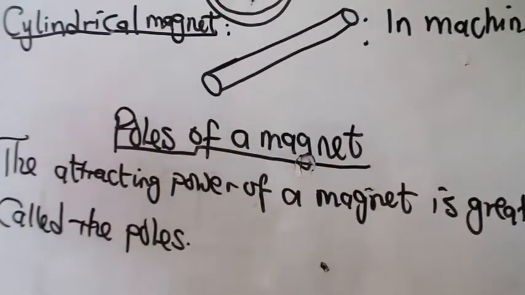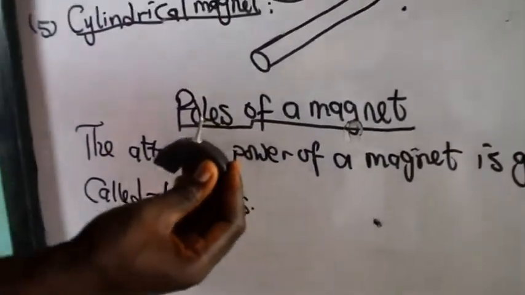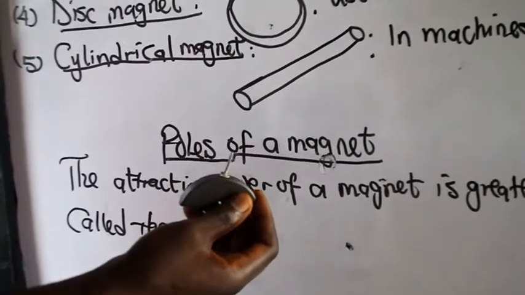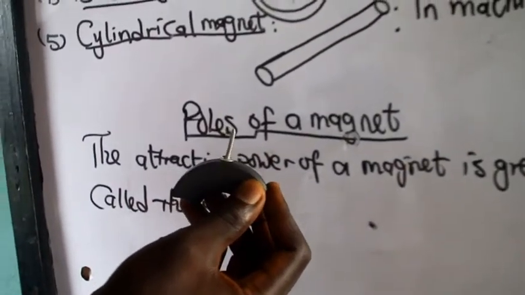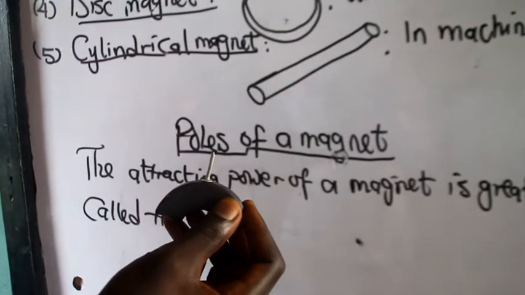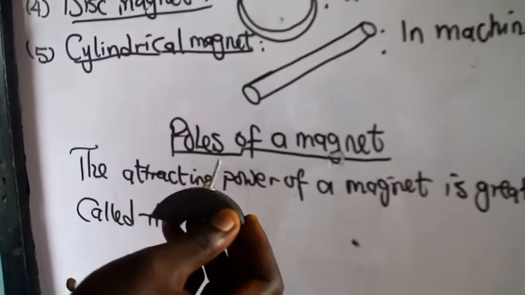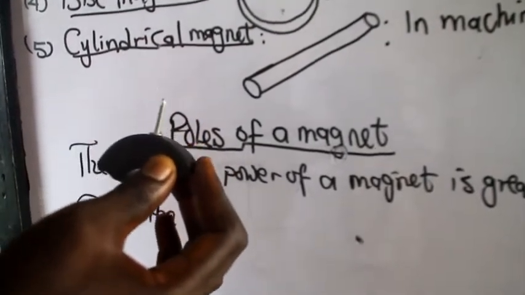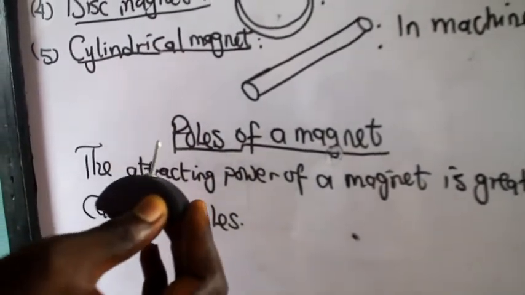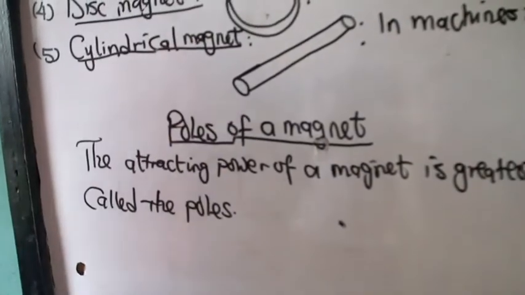From what you saw here, have you seen it is attracted at the end of this magnet, which shows that the force of attraction is greatest at the end of a magnet, and those ends are called the poles of a magnet.